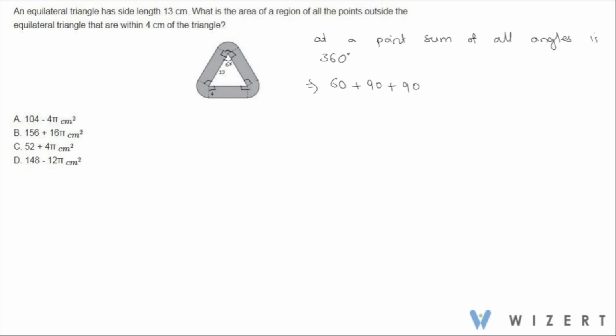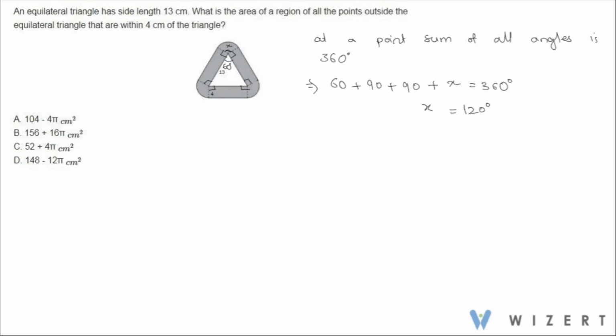This is 60 degrees because it's an angle of equilateral triangle. This is 60 degrees because it's an angle of equilateral triangle. So plus this angle, let's call it x degrees, equal to 360 degrees. So if we calculate, we get x equal to 90 plus 90, which is 180. 360 minus 180 is 180. And now 180 minus 60 will get 120 degrees.